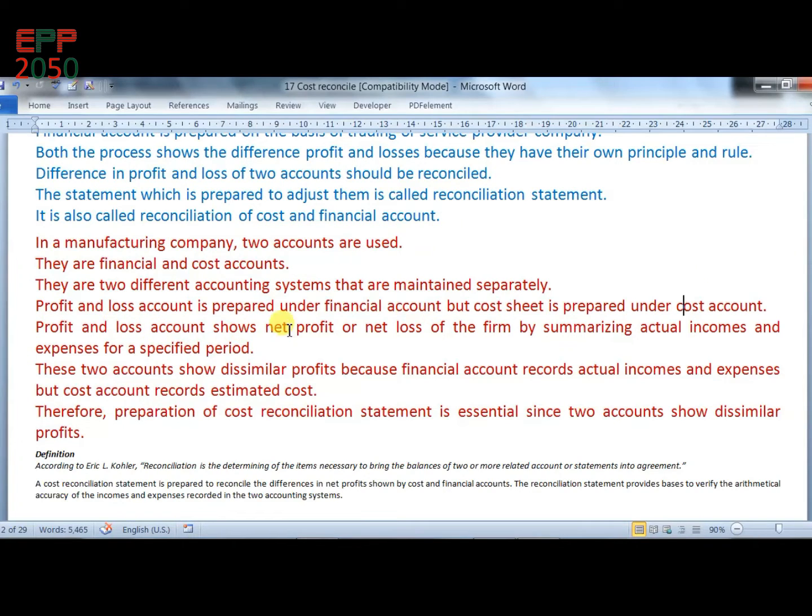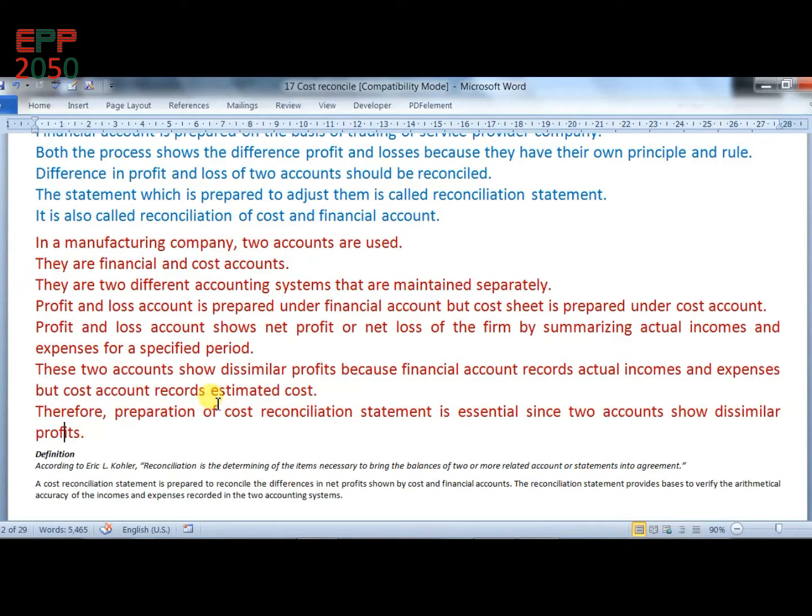Profit and loss account shows the net profit or net loss of the firm by summarizing actual income and expenses for a specified period. These two accounts show dissimilar profit because financial accounting records actual income and expenses, but cost account records estimated cost. Therefore, preparation of the cost reconciliation statement is essential since the two accounts show dissimilar profits.